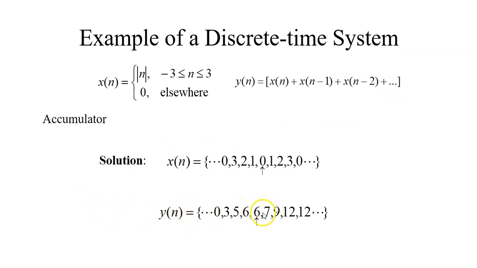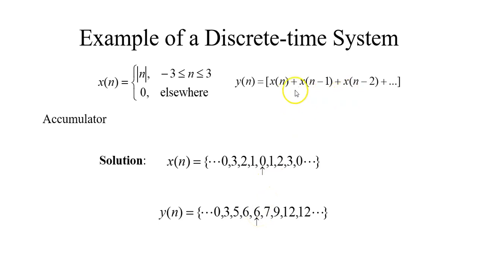For example, if you want to know where we get 6 here, as you know, this is based on y of 0, and y of 0 here means x of 0, which is 3, plus x of minus 1, which is 2, and x of minus 2, which is 1. As you see, we sum these, and we will have 6 here.